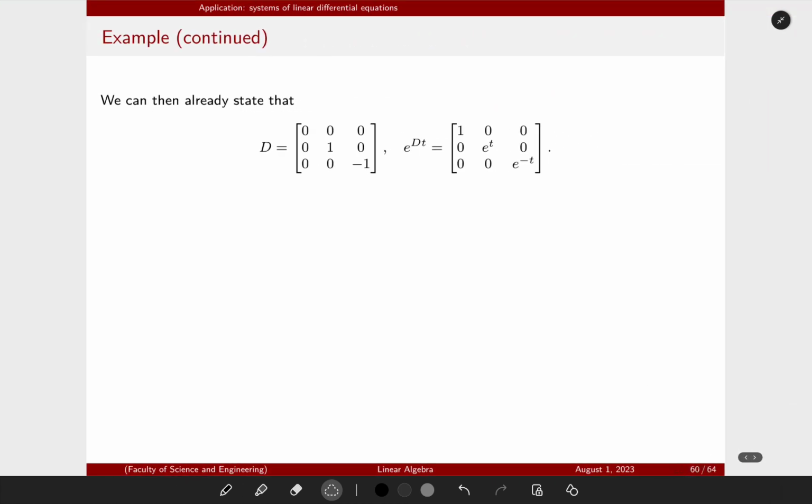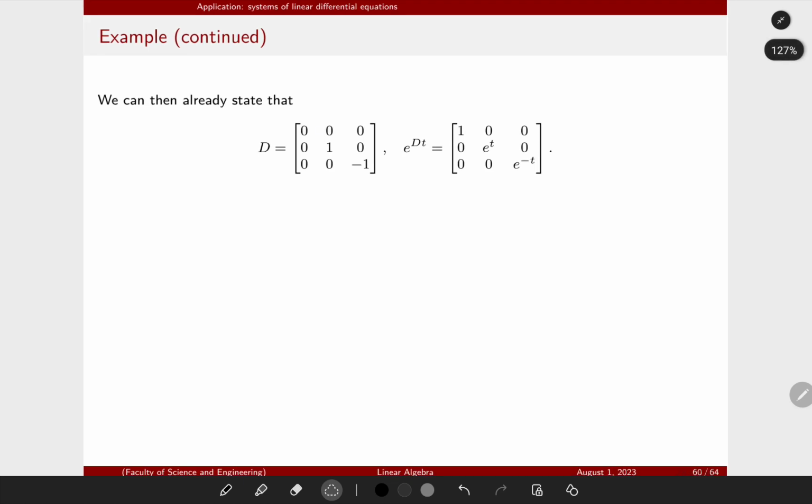Then, we recall that our matrix D will have the eigenvalues of A on its diagonal, so 0, 1, and minus 1, and that its exponential will have the diagonal entries of D exponentiated times t.